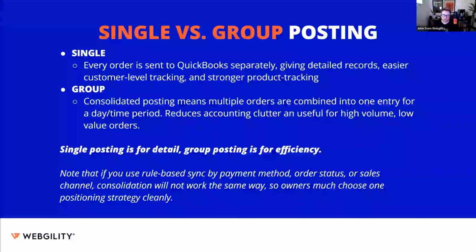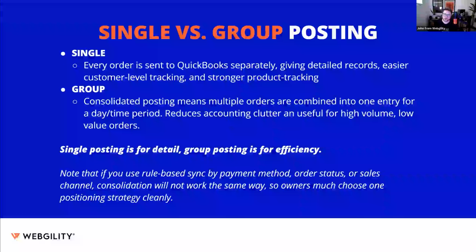With group or consolidated posting, you're losing that fidelity and segmentation, but you gain efficiency. That's why it's useful for high volume, low value orders. If you have a catalog that sells a lot of the same item, you might not care about the granularity necessarily. So just a couple things to consider.